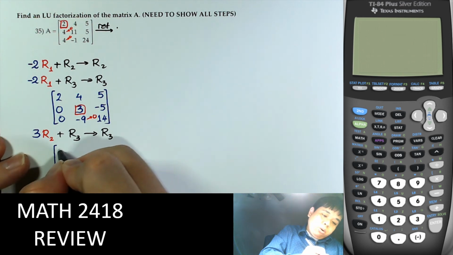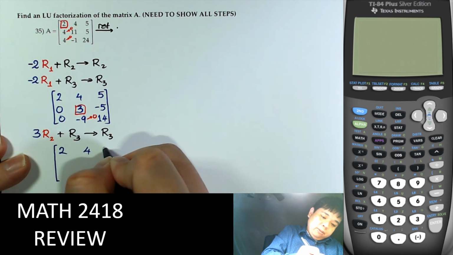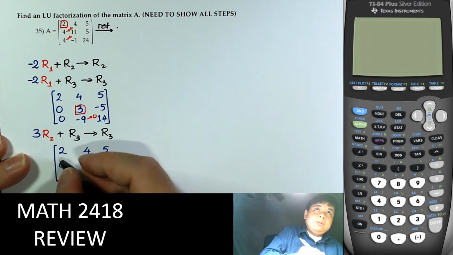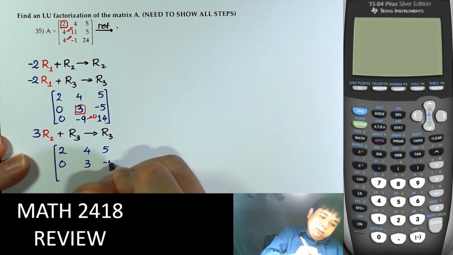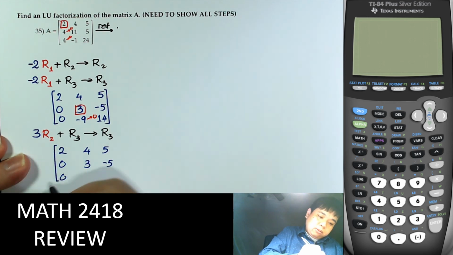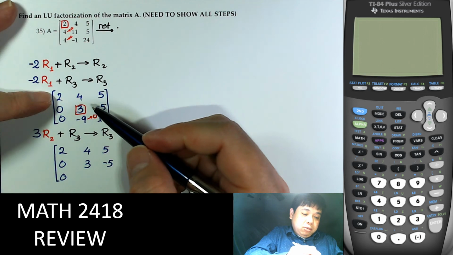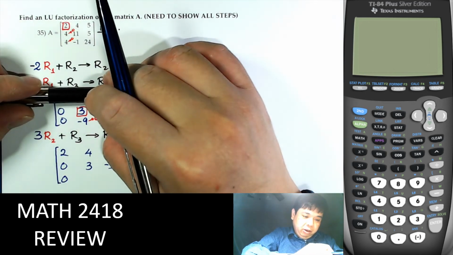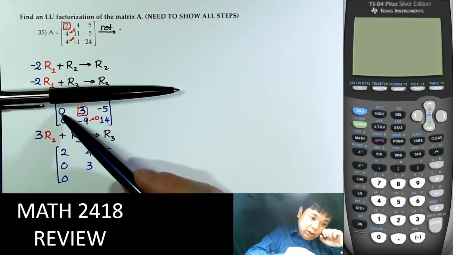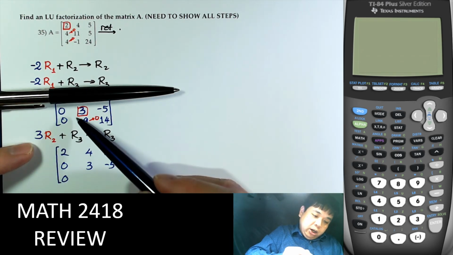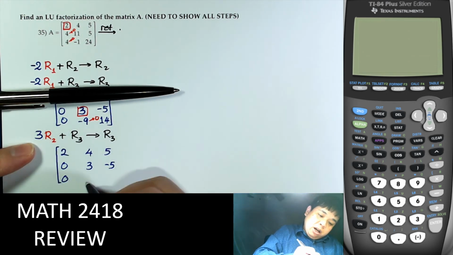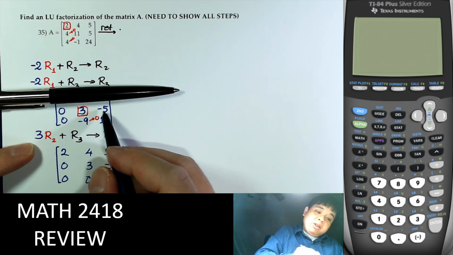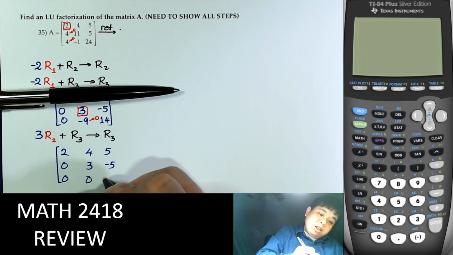So the first 2 rows will stay the same. 3 times 0, the pivot row 2. 3 times 0 is 0, plus 0 is 0. 3 times 3 is 9, minus 9 is 0. 3 times negative 5 is negative 15, minus 14 is negative 1.